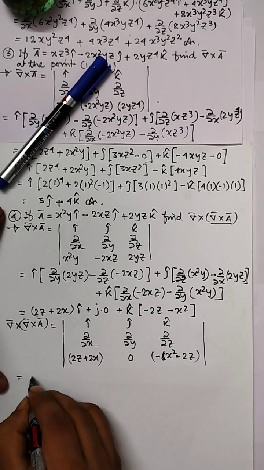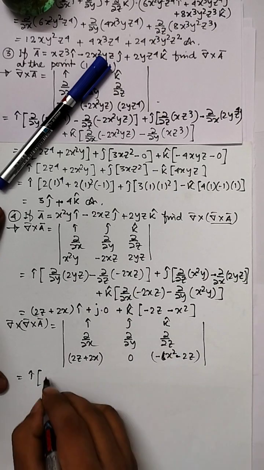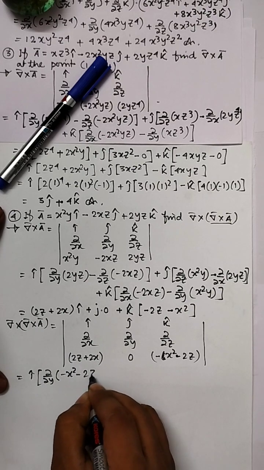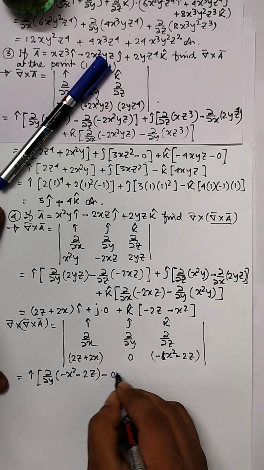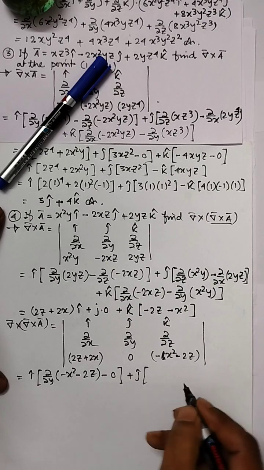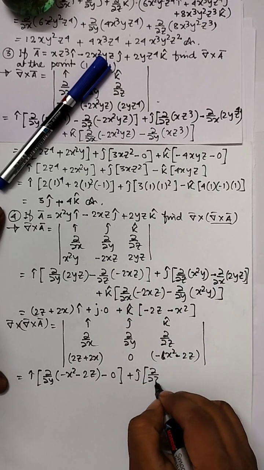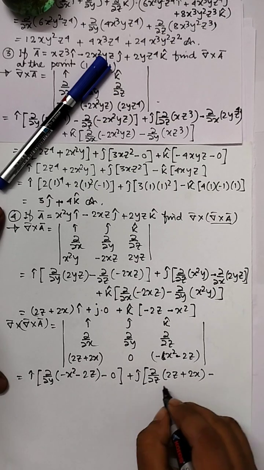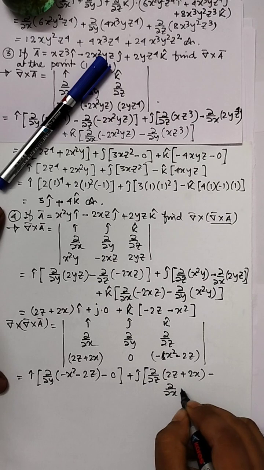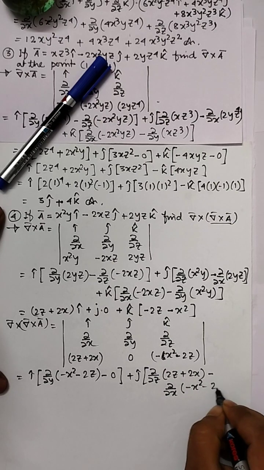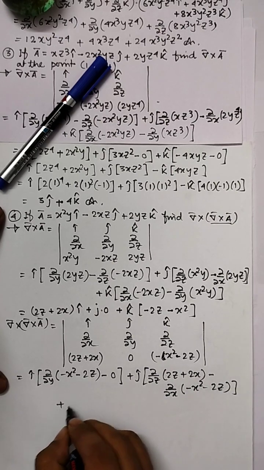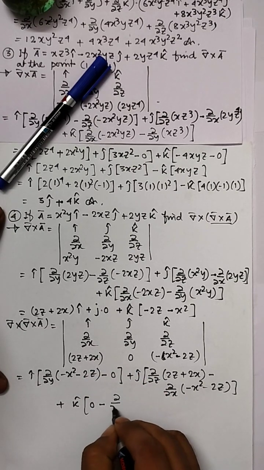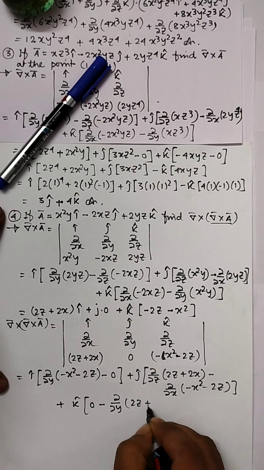So solve this determinant: i times ∂/∂y of (−x² − 2z), and this multiplication is 0, plus j of ∂/∂z of (2z + 2x) minus ∂/∂x of (−x² − 2z), plus k of, again this multiplication is 0, minus ∂/∂y of (2z + 2x).